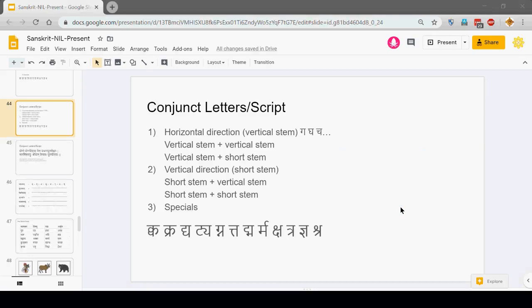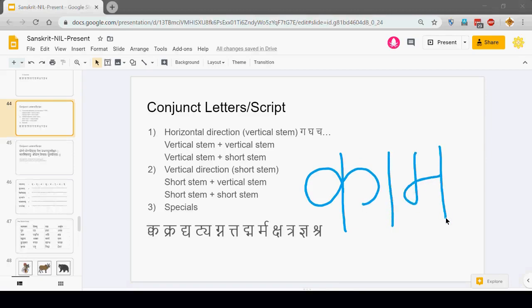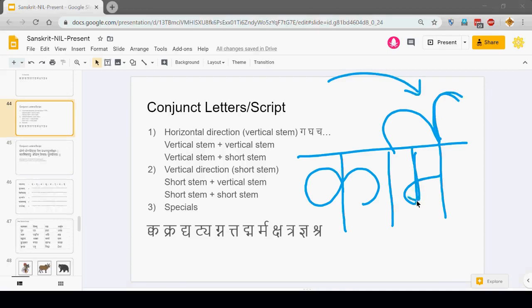Even if it is a short E sound, karmi, the short E is written like this, then the consonant part. While pronouncing, we pronounce all the consonant part as if there is no vowel, and then pronounce the vowel part. So go from top to bottom for the consonant part: ra is at the top, then ma at the bottom.